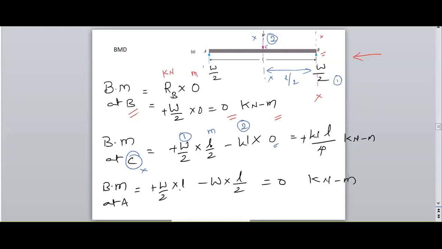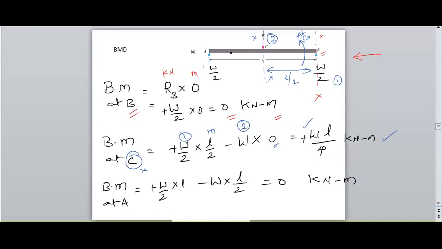Therefore, W into L by 4 kilonewton meter is the bending moment at this C, which is a positive value again. Due to this force, the movement will be upward direction, and it is nothing but an anti-clockwise movement. So it is positive.